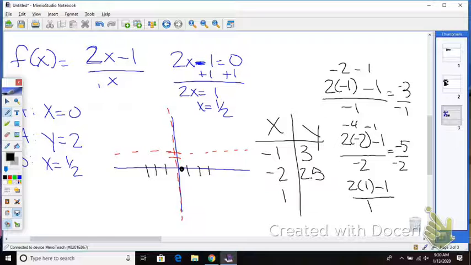Okay, so 2 times 1 is 2, minus 1 is 1. 1 over 1 is 1. Okay, so let's plot our points. Negative 1, positive 3. So here's negative 1, here's positive 3. And then negative 2, positive 2.5.